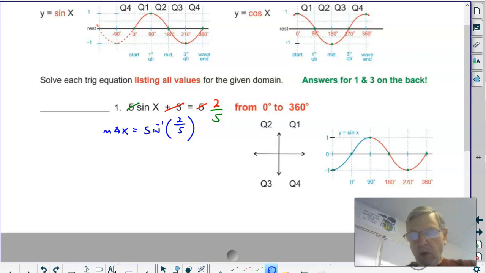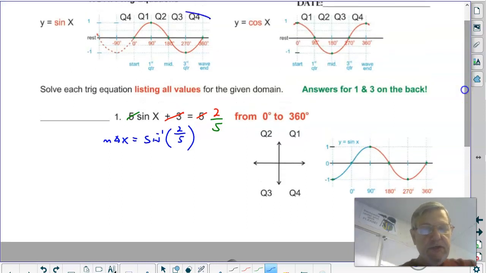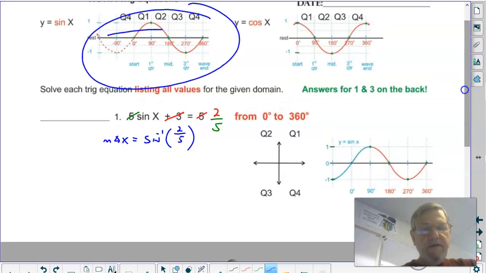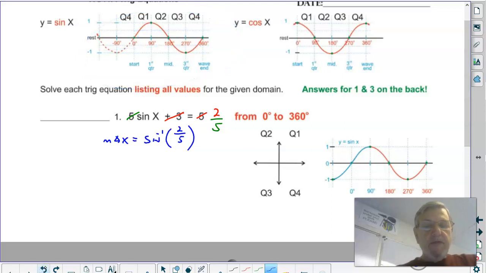Now, all of this is in respect to a restricted domain. Remember, to have an inverse, you have to pass the horizontal line test. As you can see, a trig function, here's a sine up here, fails the horizontal line test. You hit more than one point with a given horizontal line, and therefore we have to restrict the domain.